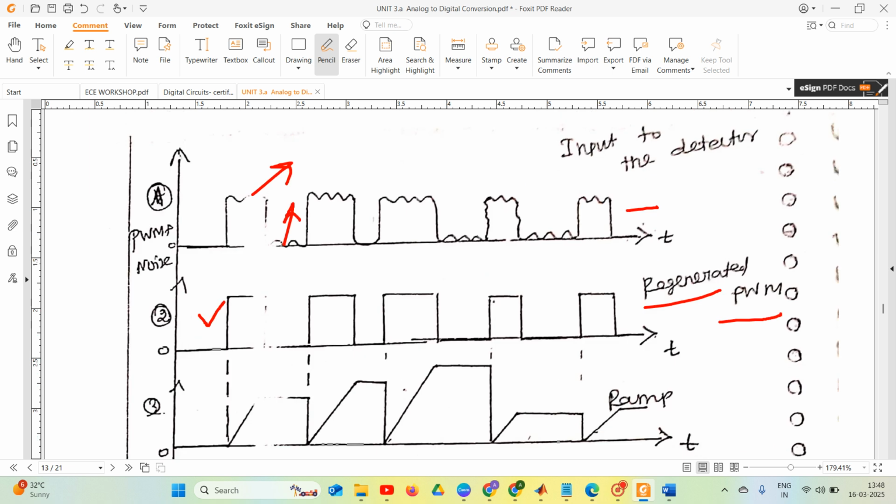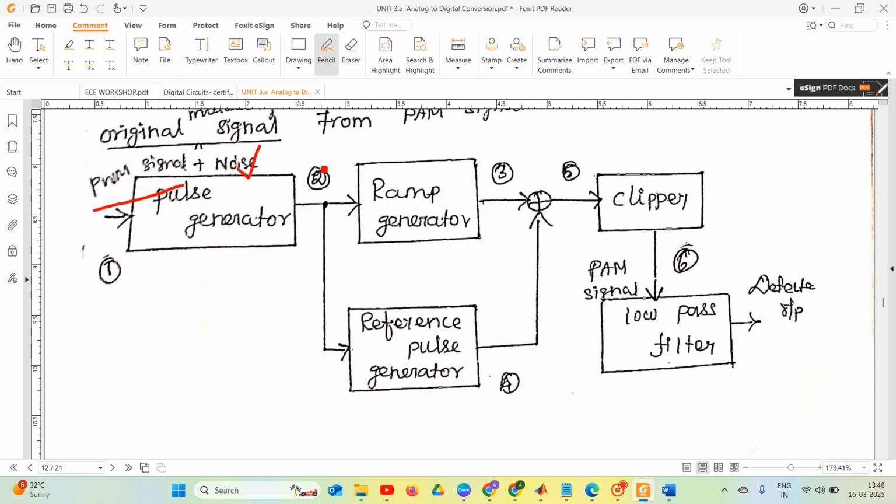So after that we have used the ramp generator. The output of the pulse generator, that is the reshaped or regenerated PWM signal, is the input of my ramp generator.